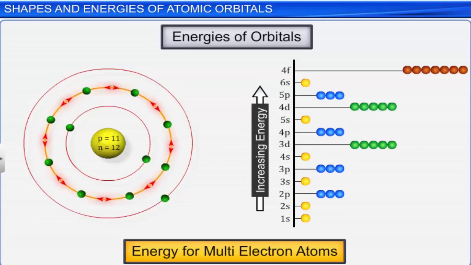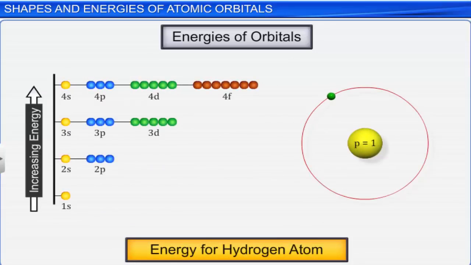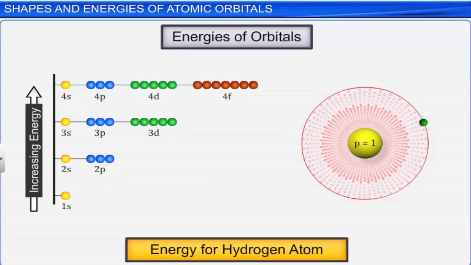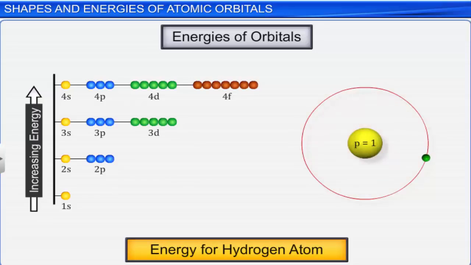On the other hand, in hydrogen atom, due to the presence of only one electron, the only electrical interaction present is the electrostatic force of attraction between the nucleus and the electron. Hence, in hydrogen atom, the subshells belonging to the same principal shell have the same energy.